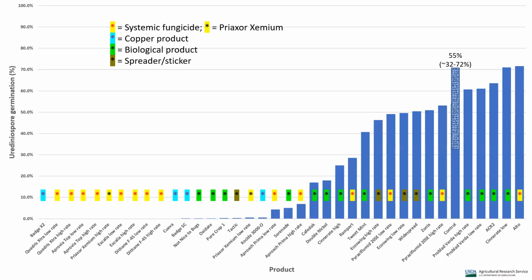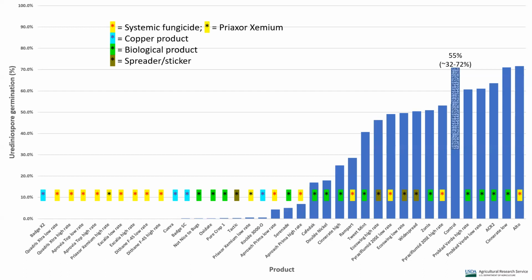As far as actually seeing inhibition of spore germination, things that are registered for use, Double Nickel, Serenade, Cafedoc, these all have the capacity to inhibit spore germination when there is direct contact.